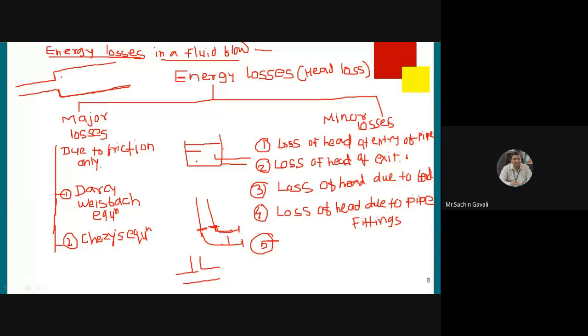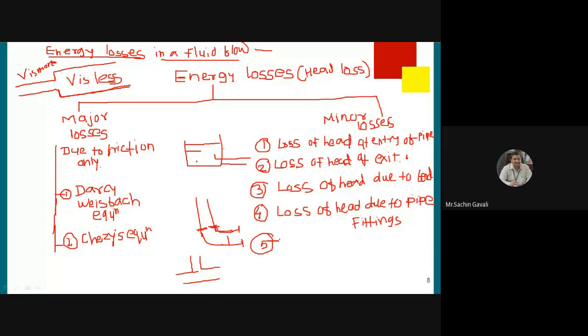Due to this, as the velocity in the pipe changes suddenly, energy loss happens. In a smaller pipe, velocity V is more, and always remember that in a larger pipe velocity V is less. So when velocity changes drastically from more to less or less to more, then energy losses will occur.